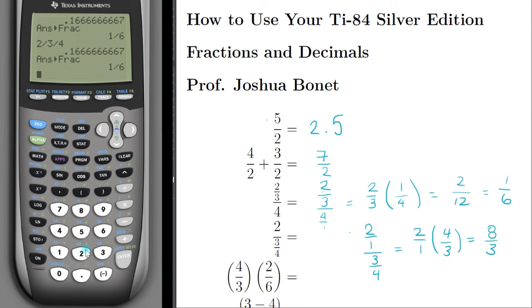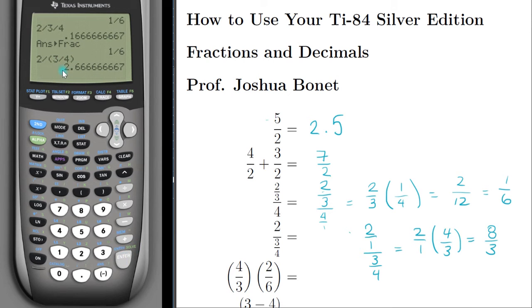So this is how you're going to write it in the calculator in order for the calculator to understand what you're looking for. You take 2 divided by, now you write your parentheses, 3 divided by 4, and then you close the parentheses. Okay, so notice that the parentheses tell me that the 2 is a number and that the 3/4 is the fraction.